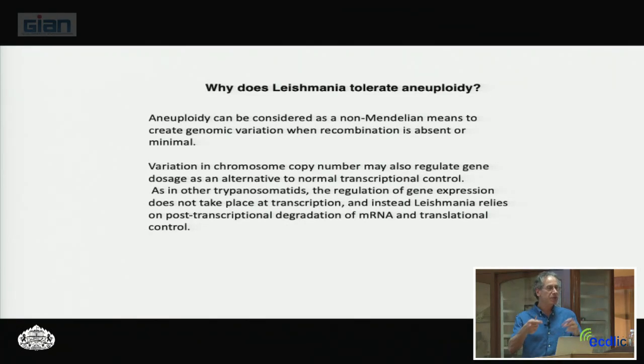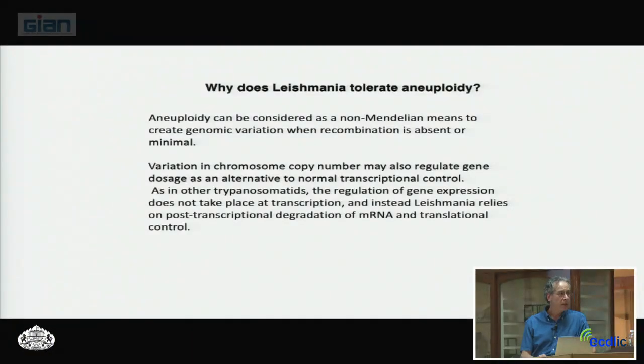So just by changing the gene dosage, you can change the relative level of mRNA abundance by simply doubling or halving the number of chromosomes that are being constitutively transcribed.